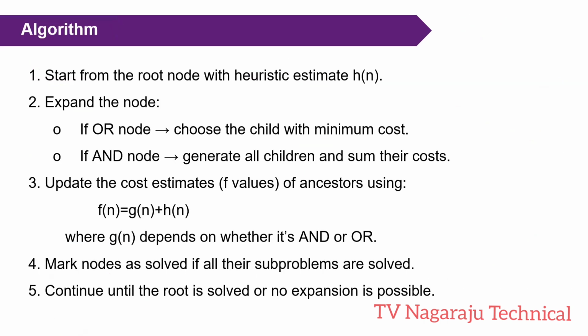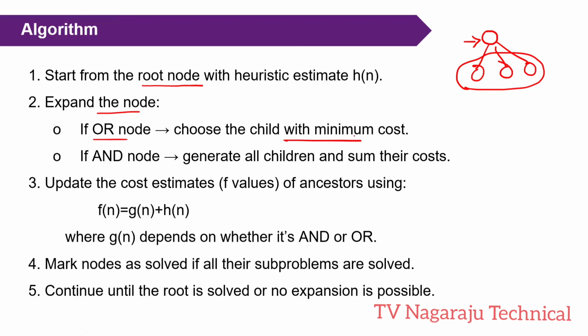Now what is the algorithm? Once you understand the algorithm, then we move to example. Algorithm is as usual, start from the root node with some heuristic value. Now expand the node. Suppose this is the root node, and expand the node. Suppose if the node is an OR node, this has multiple children. Now among all the children, choose the node with minimum cost.